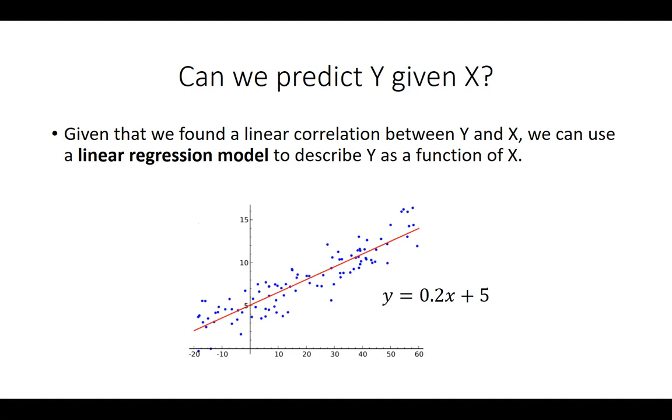Okay, so let's say that we run Pearson correlation, and we see some correlation in our data sets. We can then ask the question whether we can predict y values given x. And for that, we need to use a slightly different tool, which is highly related to Pearson's correlation, but is somewhat different, which is called linear regression.